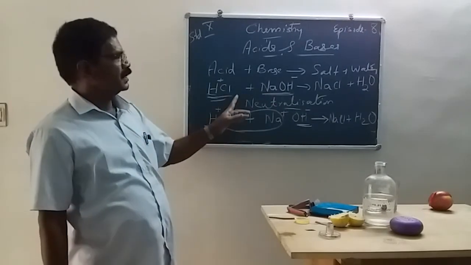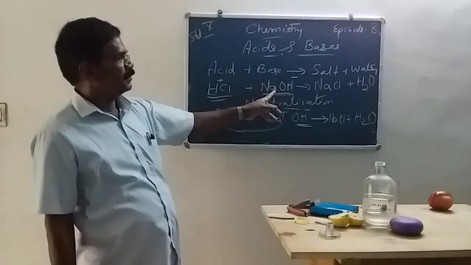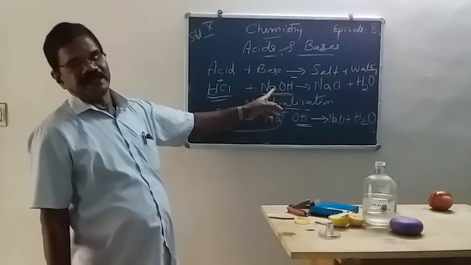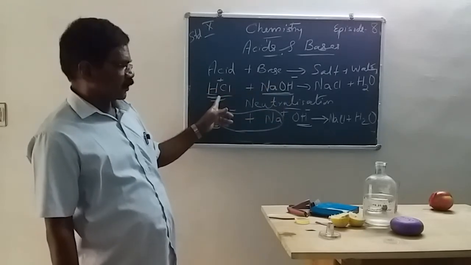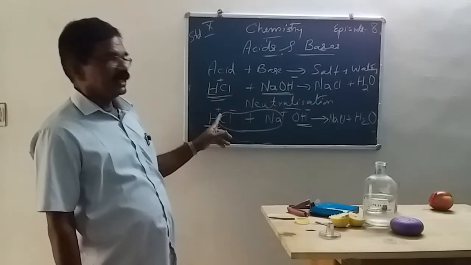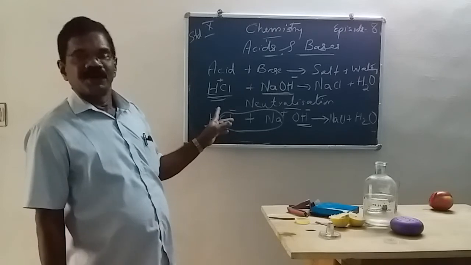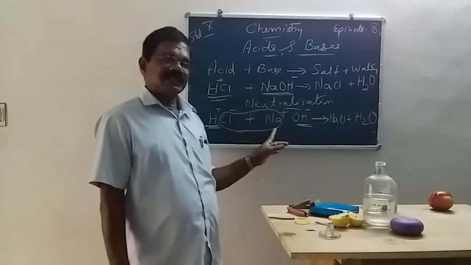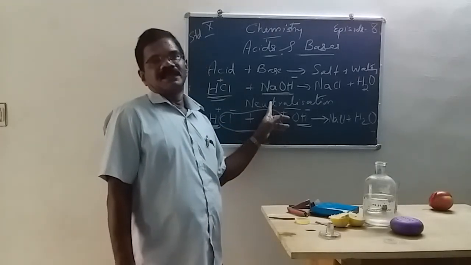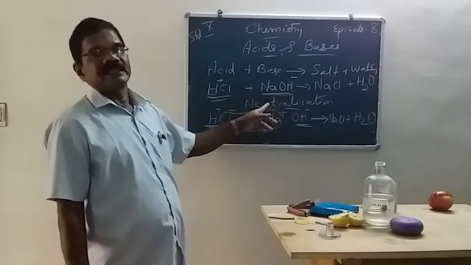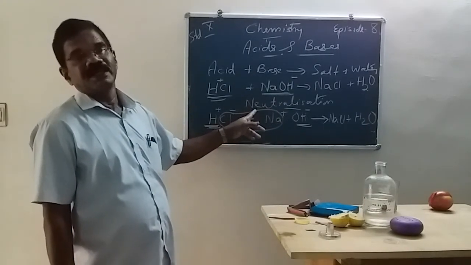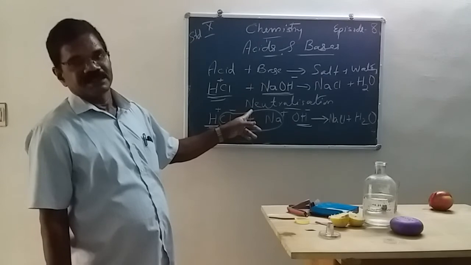If you use potassium hydroxide instead of sodium hydroxide, or any hydroxide, and instead of hydrochloric acid, sulfuric acid or nitric acid, any acid, the reaction takes place and they neutralize each other. Hence it is called a neutralization reaction.